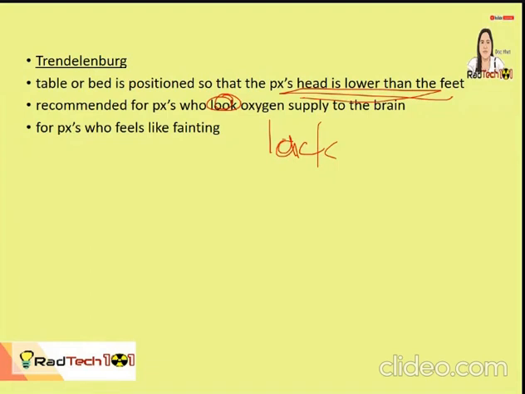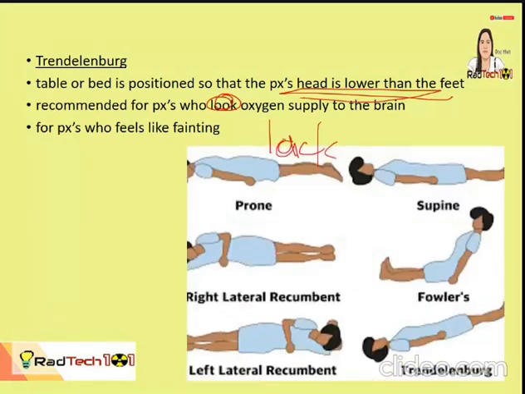This is also recommended for patients who feel like fainting, so that the oxygen supply returns to the head or brain. Then we have the Trendelenburg here.